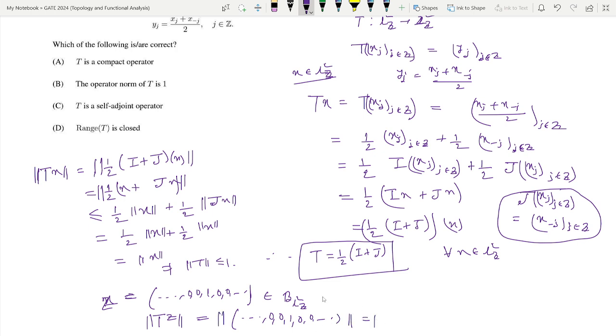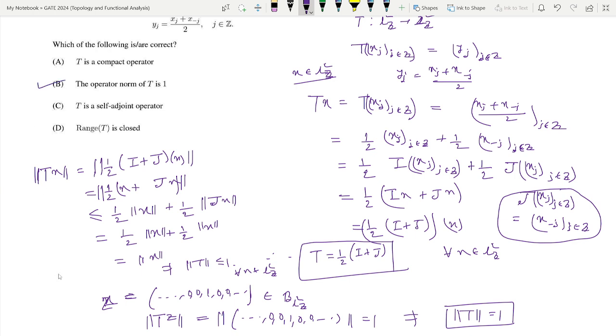So norm Tx is less than or equal to 1 for all x belonging to l2(Z), and at one element z, norm Tz equals 1. This implies that norm T equals 1. So the operator norm is equal to 1. So here option B is the correct option.